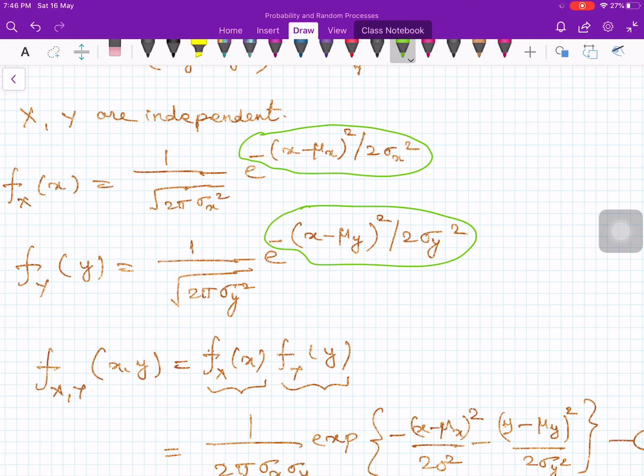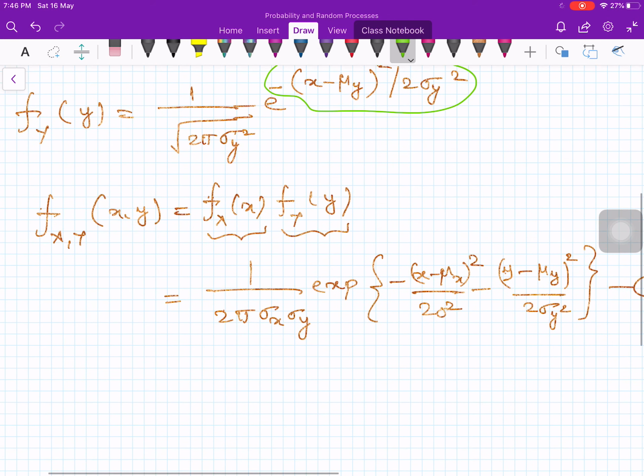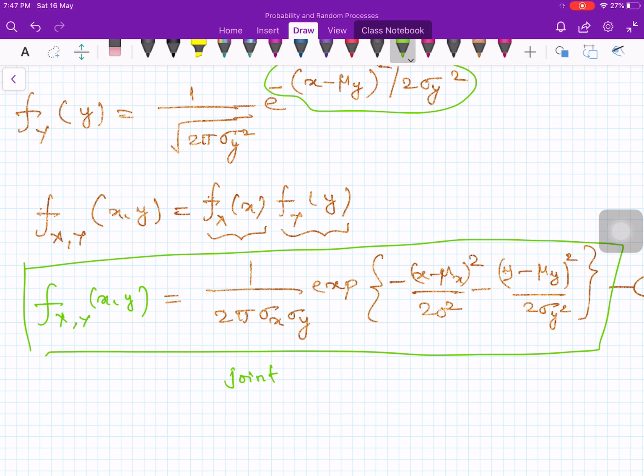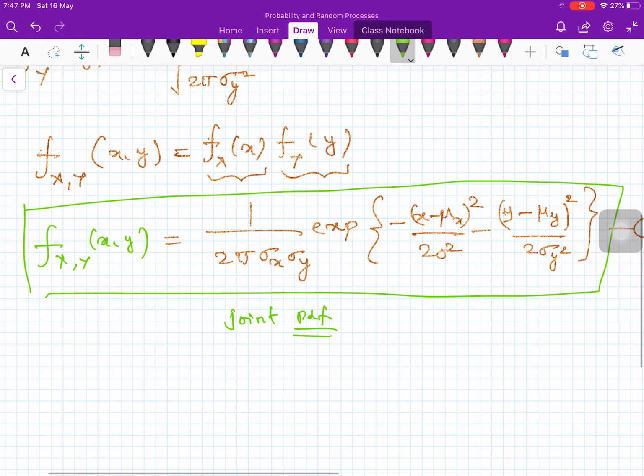When you multiply, the exponents add, since the product of two exponentials is the exponential of the sum. So this is the formula for the joint PDF fxy of x comma y of two independent normal random variables.